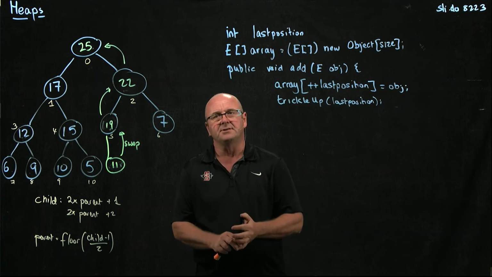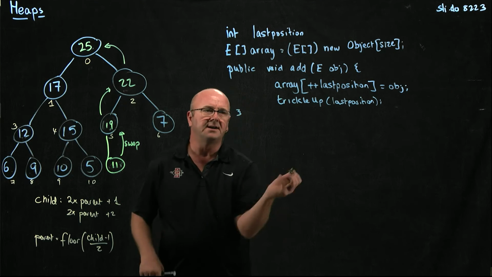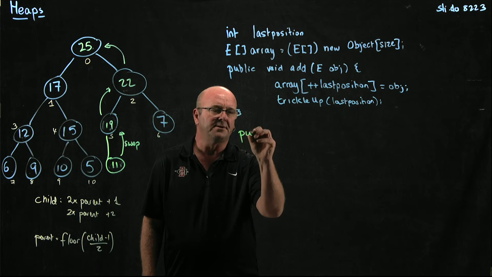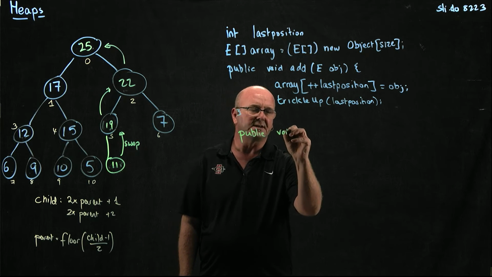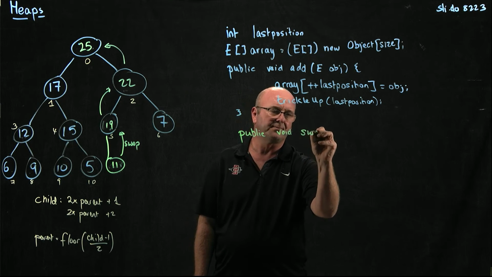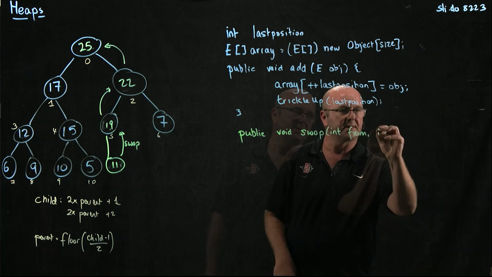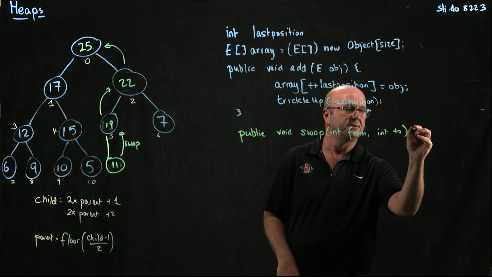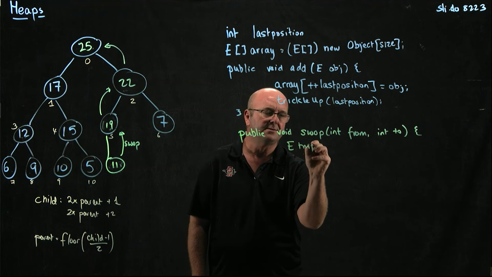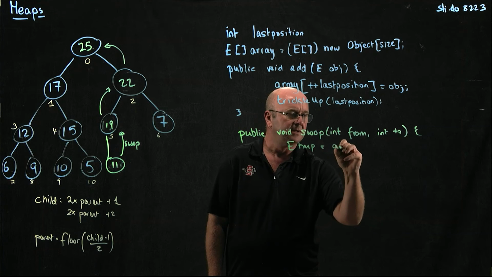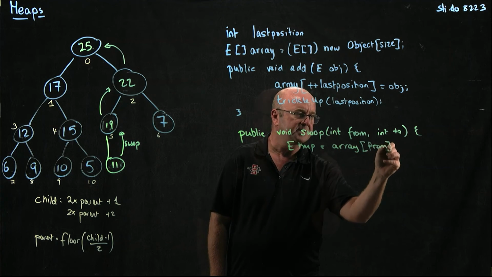There's lots of different ways you can do the swap. And I recommend you just do a very simple algorithm where you take two integers, let's call them from and to. We create a temporary variable for the first element.